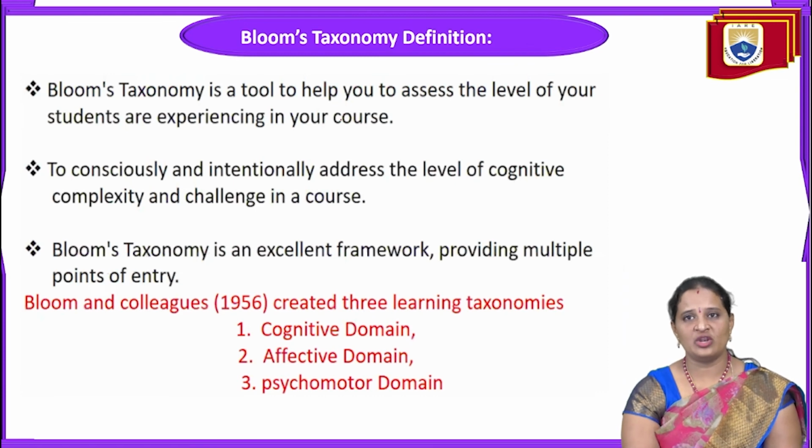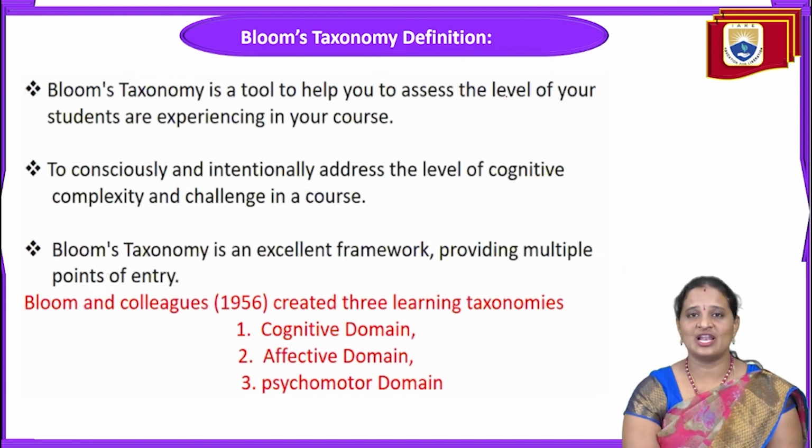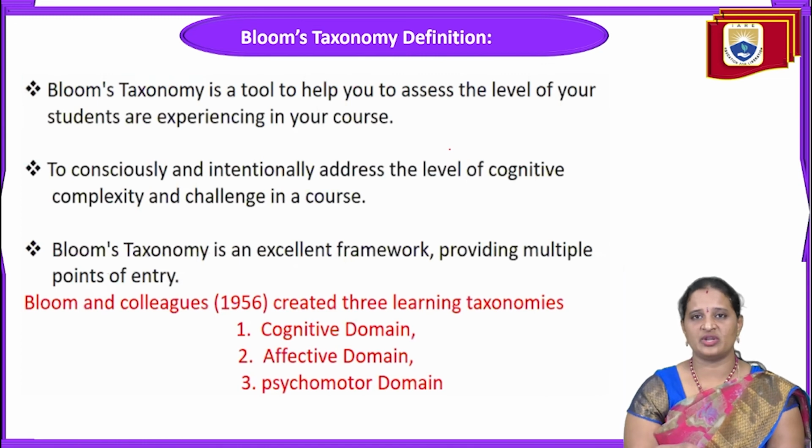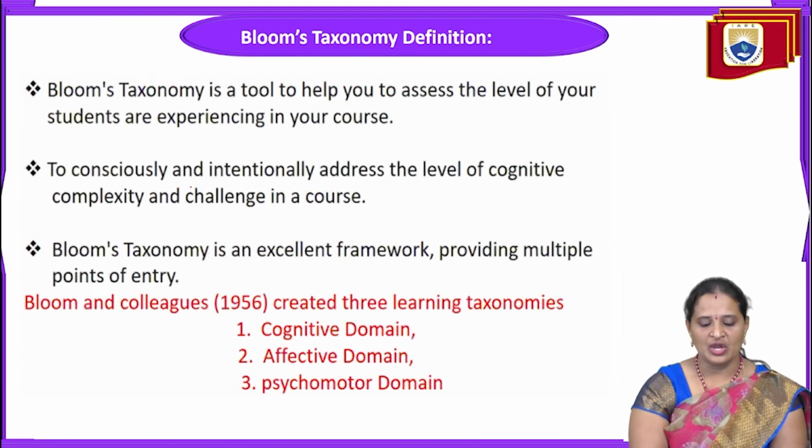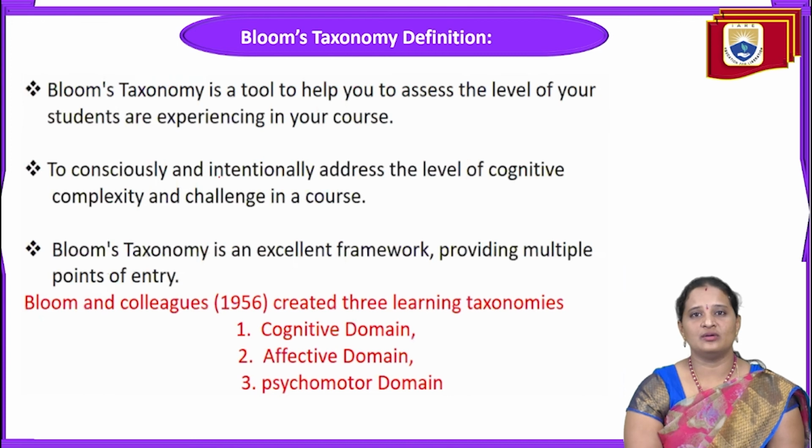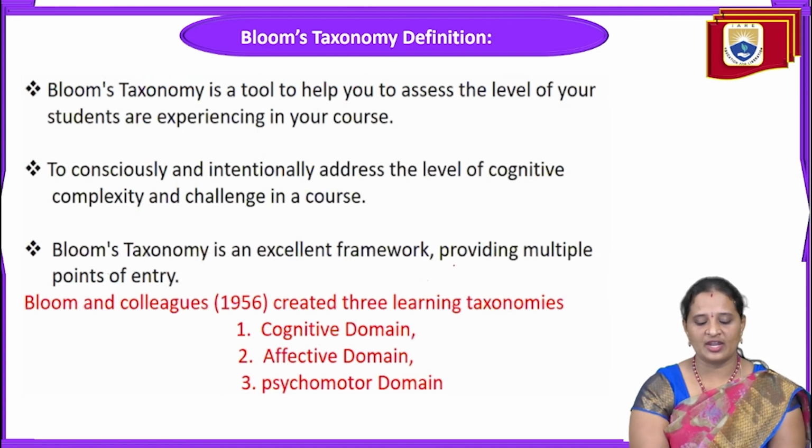Bloom's taxonomy is a tool that helps you assess the level your students are experiencing in your course. We can have various levels of students in our classroom, and in order to assess them, Bloom's taxonomy helps us. To consciously and intentionally address the level of cognitive complexity and challenge in a course, we go for Bloom's taxonomy, an excellent framework providing multiple points of entry.